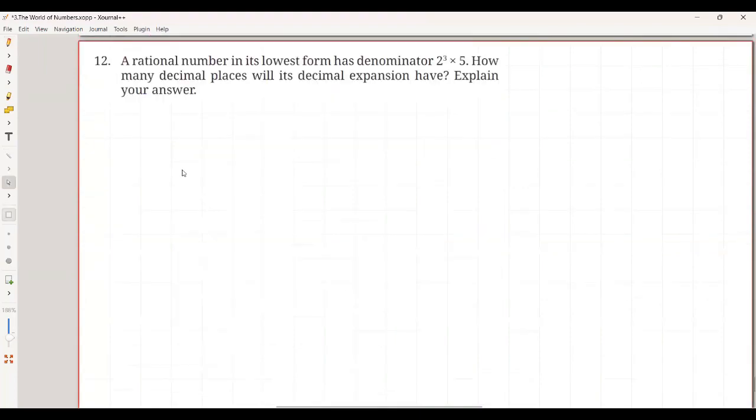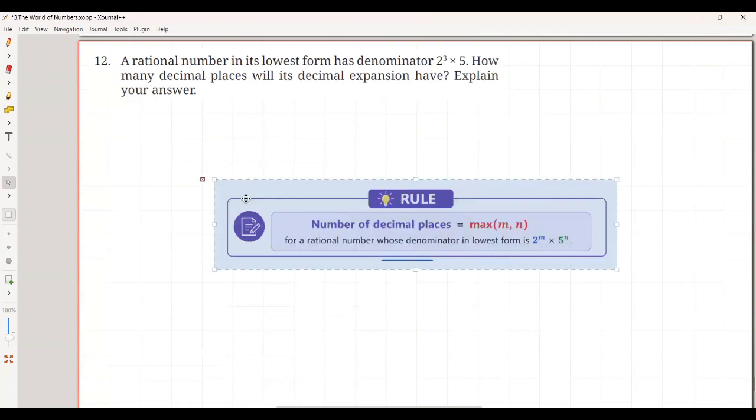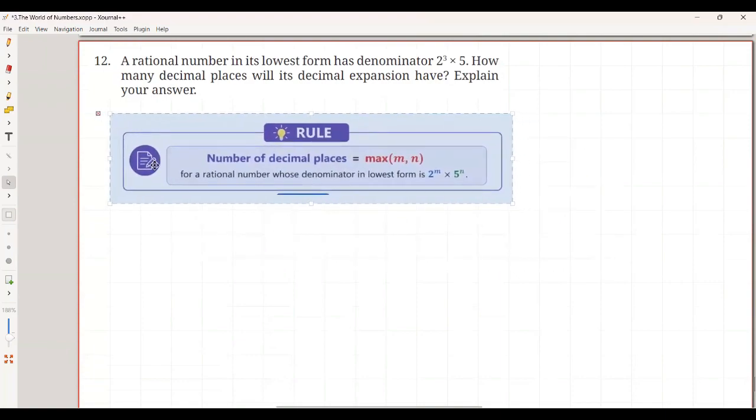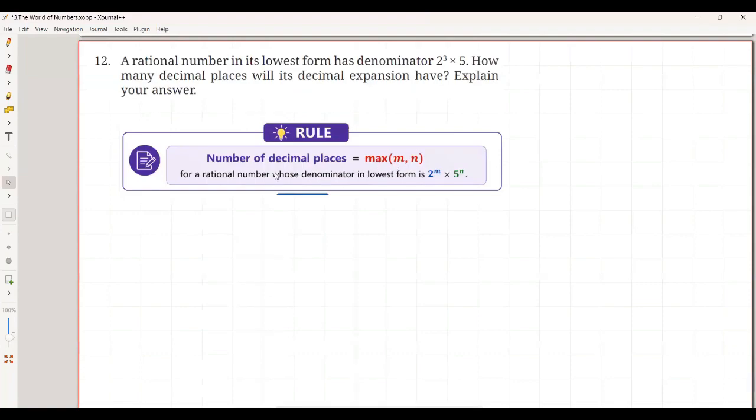So once again, question number 12. A rational number in its lowest form has the denominator 2 power 3 into 5. How many decimal places will its decimal expansion have? Explain your answer. So we know that the number of decimal places is equal to the maximum of m comma n, for a rational number whose denominator in lowest form is 2 power m into 5 power n.